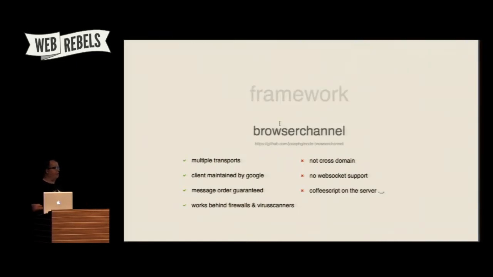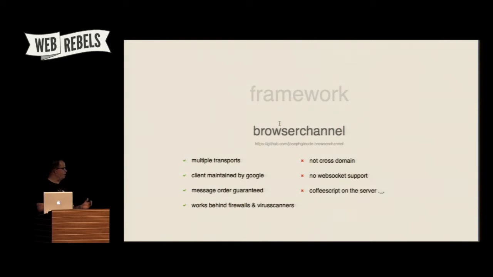And then you have BrowserChannel. It's not really known yet to a lot of people. It supports multiple transports. The client and actually the whole BrowserChannel has been built by Google. It's part of the Google Closure framework. It's really cool, it's really well built. It's based on the technology that Google has been using for Gmail for their real-time components.